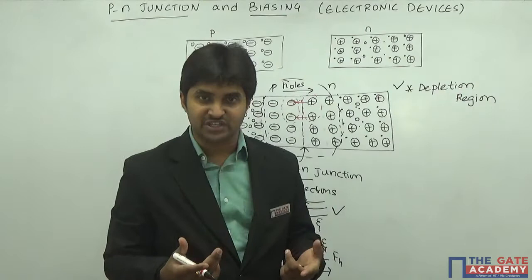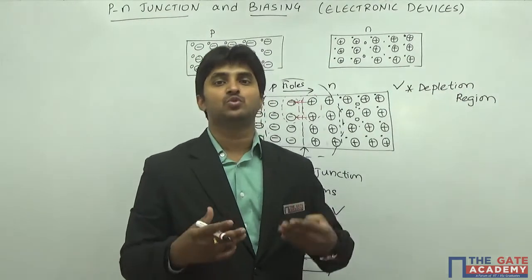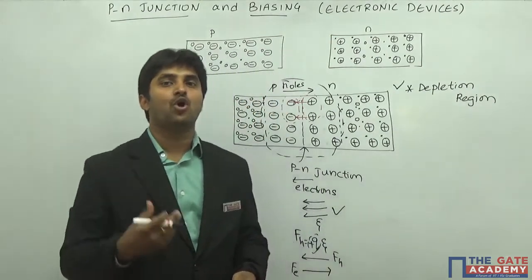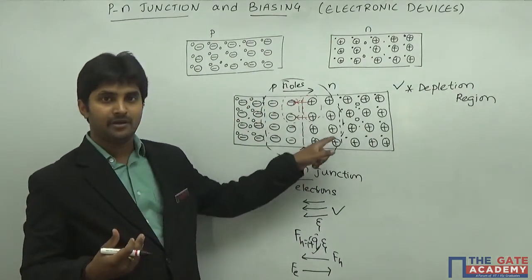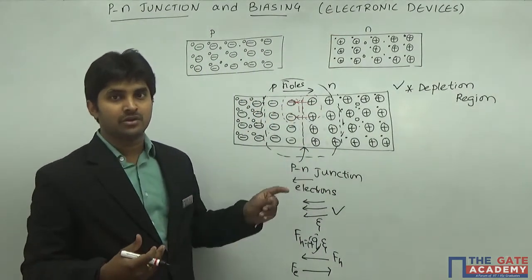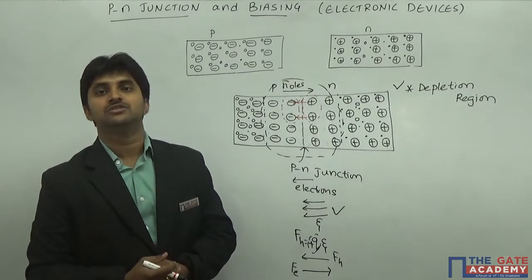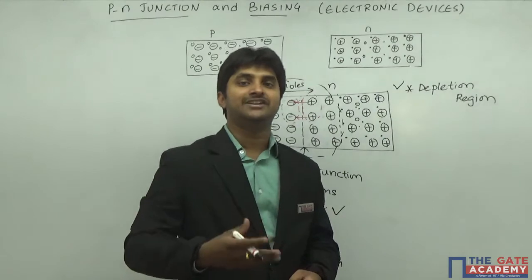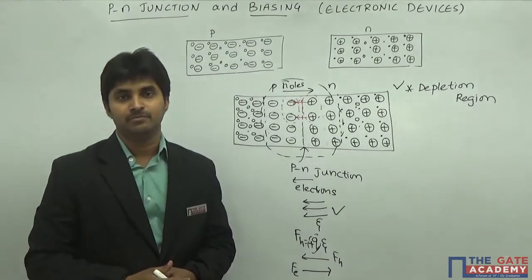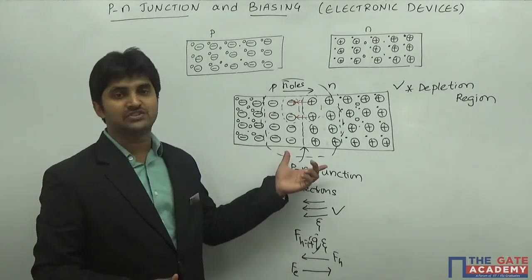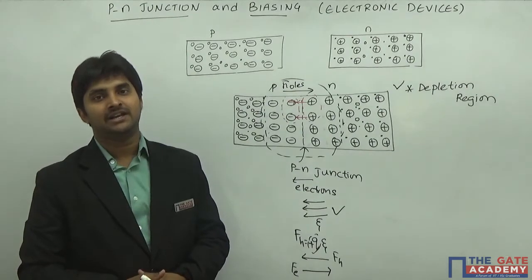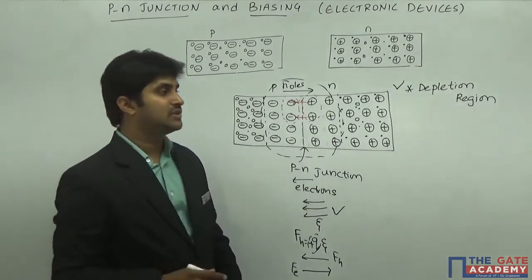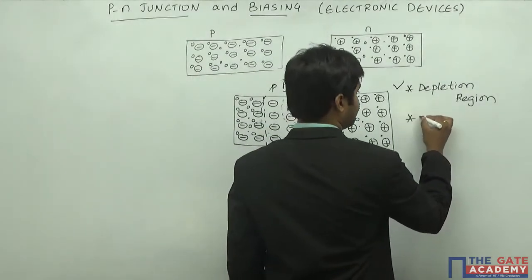Initially, because the electric field is weaker, the diffusion process is going to happen more and more. But as the electric field becomes stronger and stronger because of the bigger depletion region, we have a huge number of ions. Now the electric field is so strong that it can stop the process of diffusion. So a particular region is formed which we call a depletion region, and it has a particular potential inside it which we call a built-in potential.